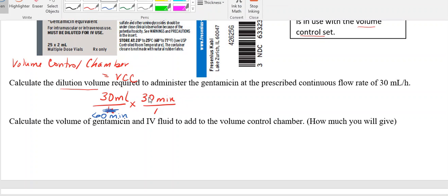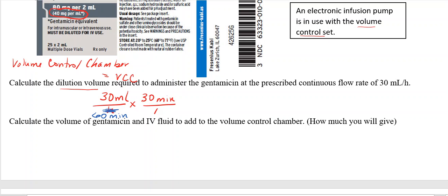So now I know 30 will go into 60 2 times. And my minutes cancel. So now I have 30 over the 2, which gives me 15 milliliters. So I'm going to add, this is my total IV solution.